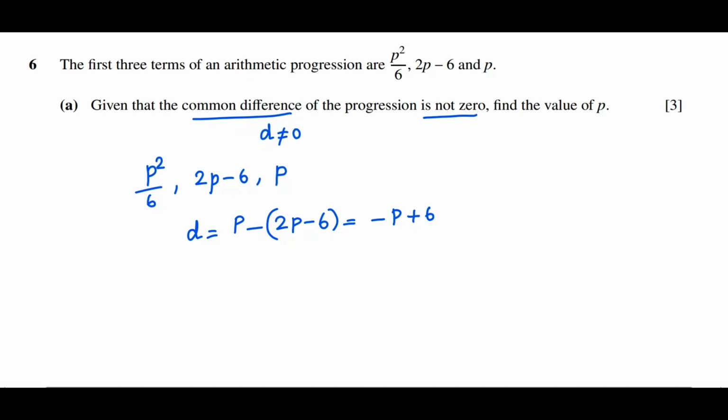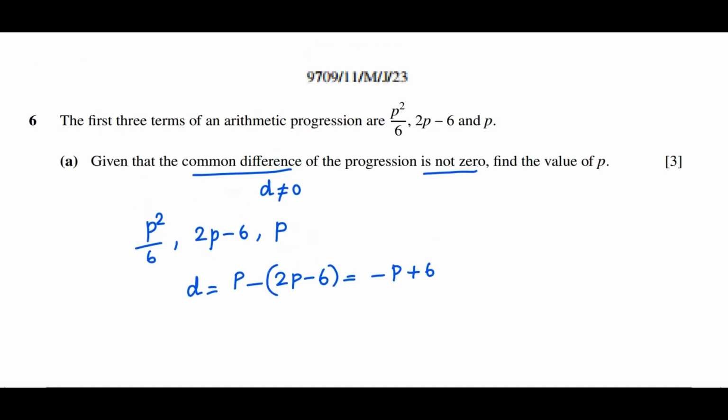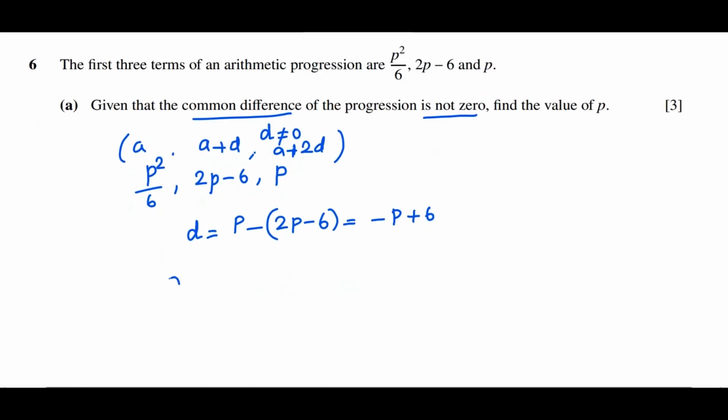So p square over 6 is our A value. This is A plus D, and this is A plus 2D. So A plus 2D is P. Okay.